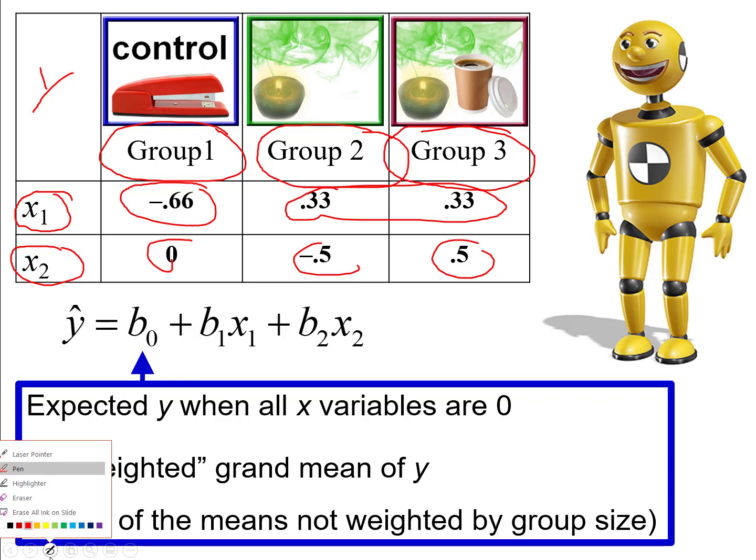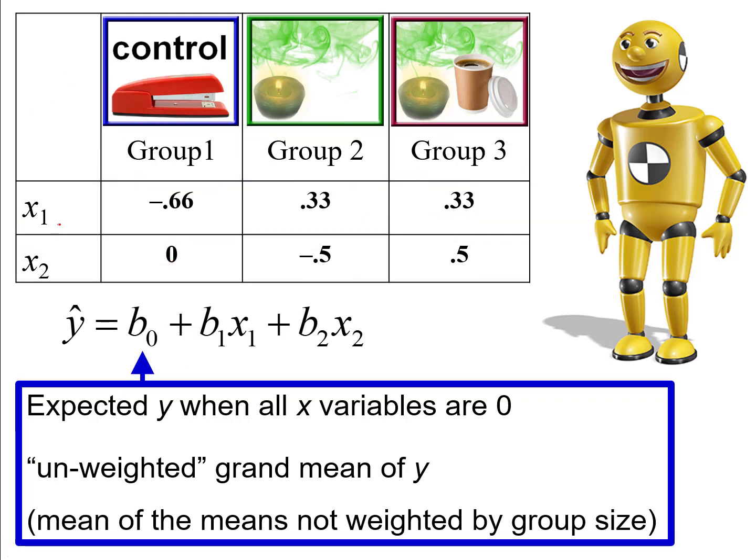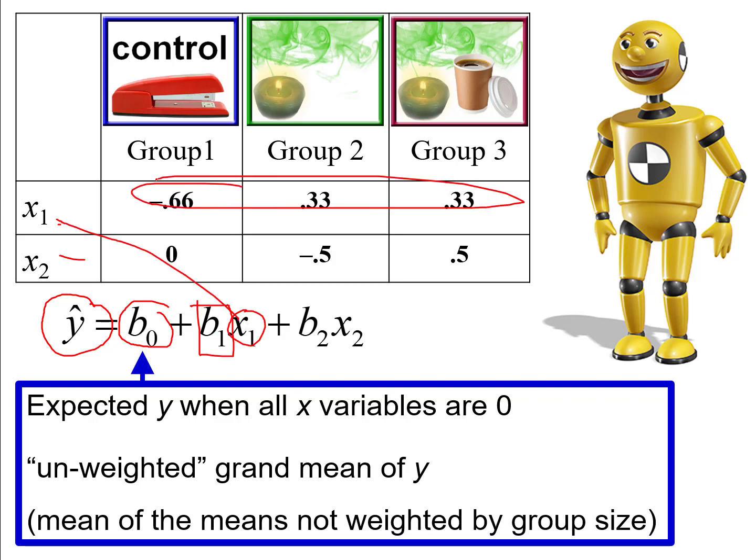And so I take my two contrasts, my two x variables, and I put them in a regression equation predicting y. So the predicted y hat, the predicted level of, say, happiness at the end of the study, is equal to an intercept plus slope 1 times a person's score on x1, the first contrast, plus slope 2 times a person's score on the second contrast.